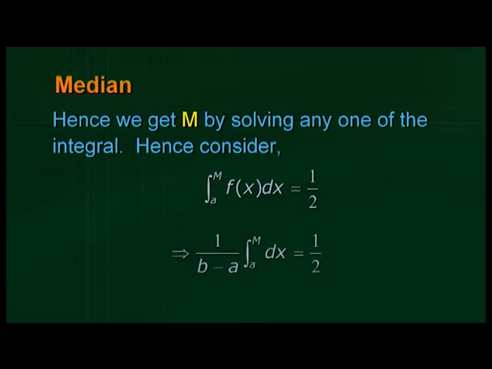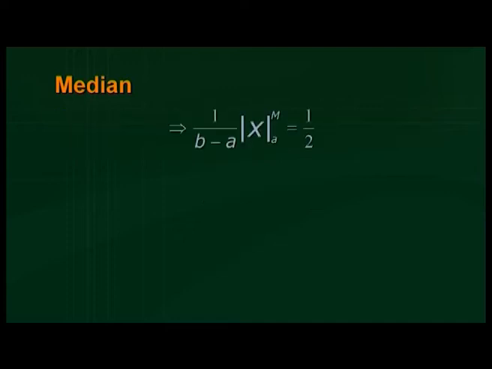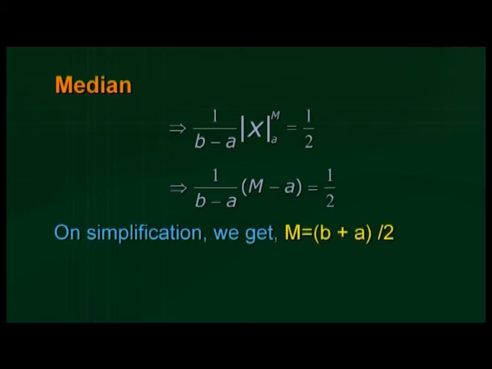This implies 1 divided by (b minus a) into the integral from a to m of dx is equal to half. This implies 1 divided by (b minus a) into x ranging from a to m is equal to half, which implies 1 divided by (b minus a) into (m minus a) is equal to half. On simplification, we get m is equal to (b plus a) divided by 2.